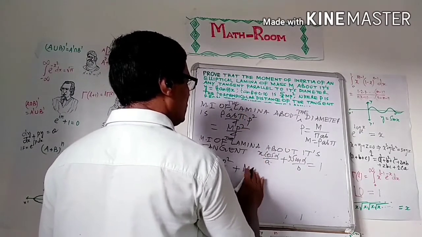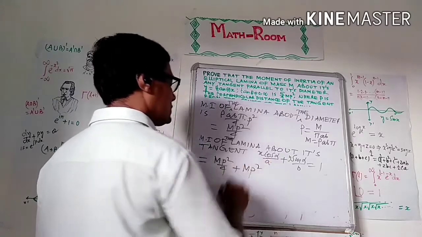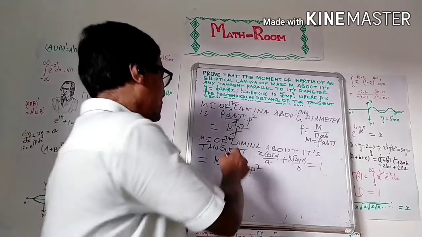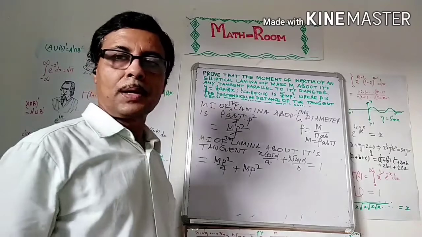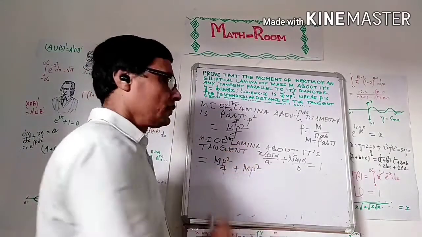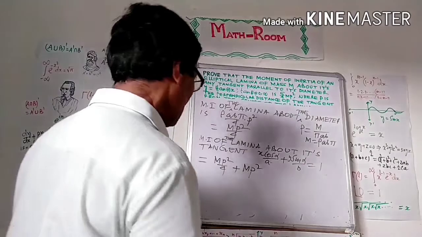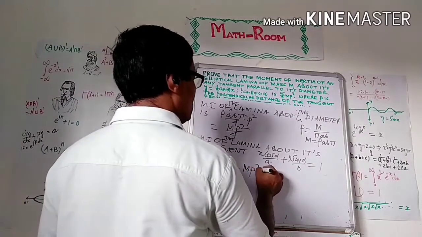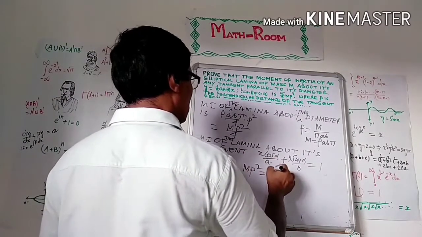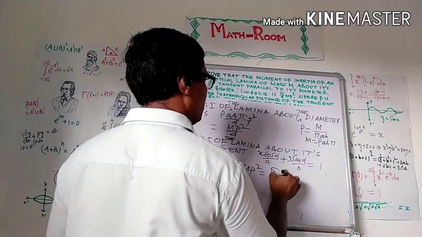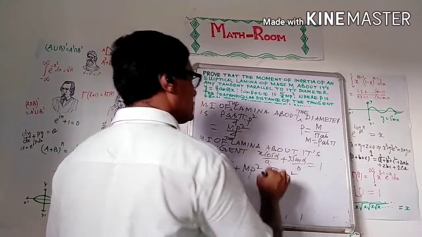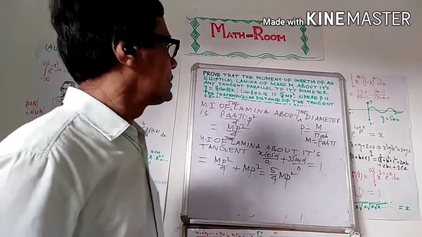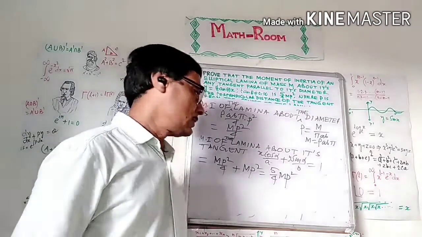So m into p square. If we sum these terms, we get 5 over 4 m p square. This is the final moment of inertia of the lamina about its tangent.